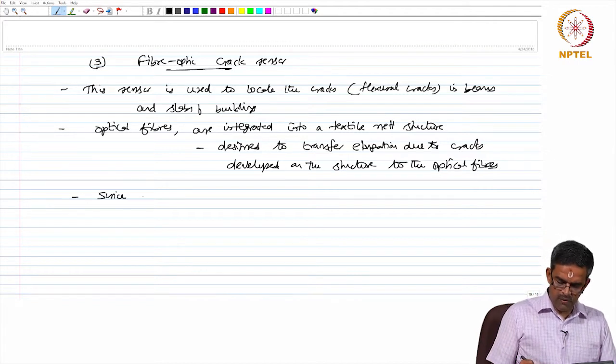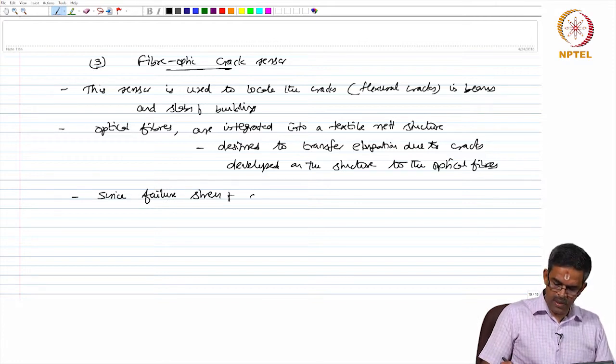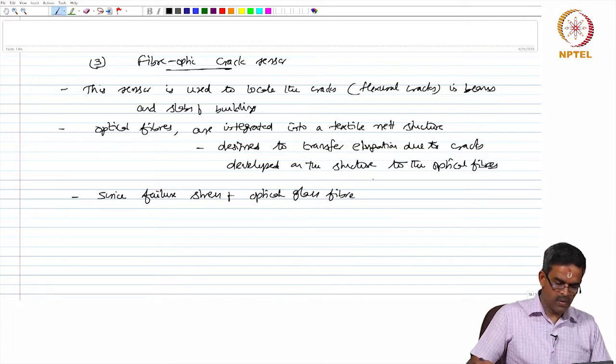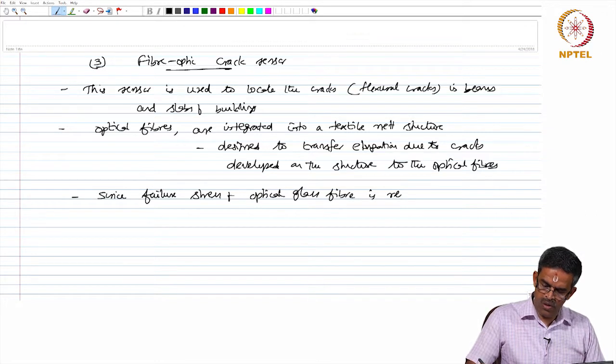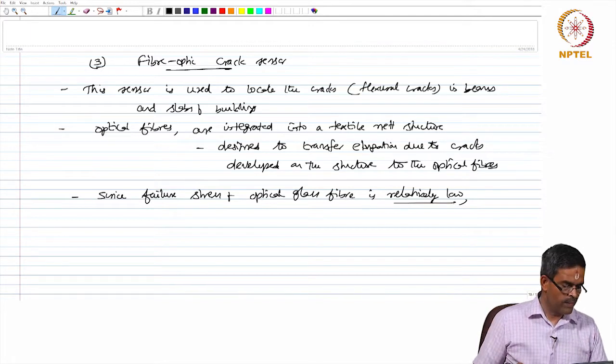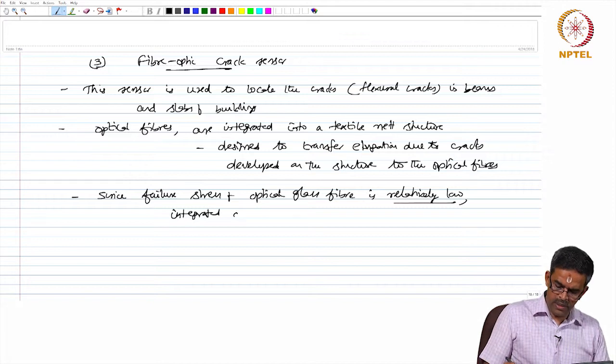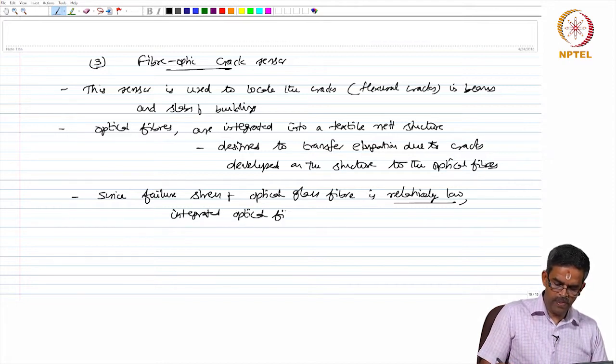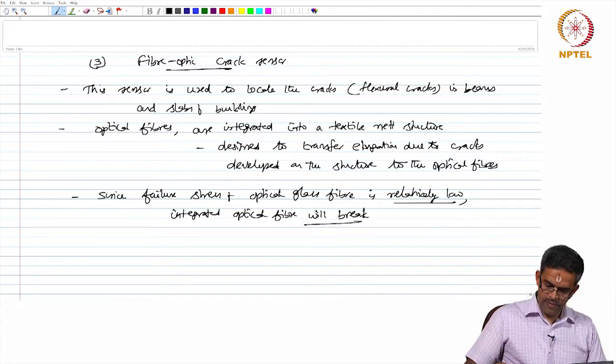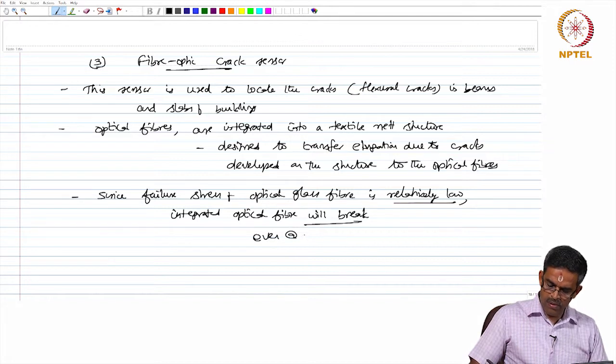Since the failure stress of optical glass fibers is relatively low, the integrated optical fiber will break even under the formation of small cracks.